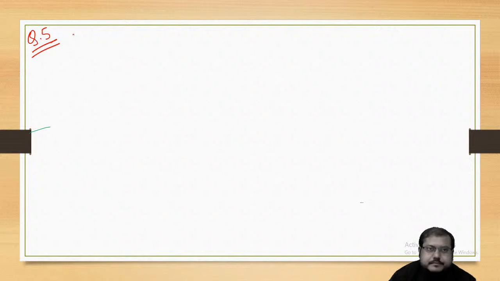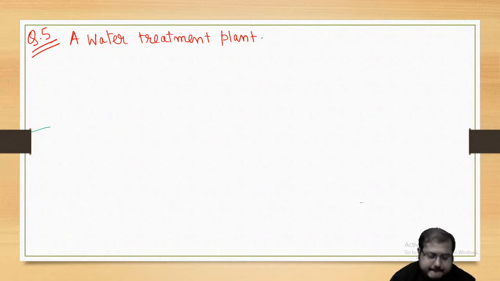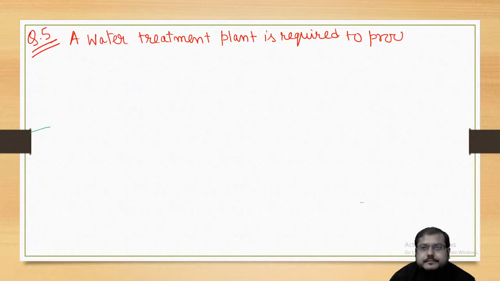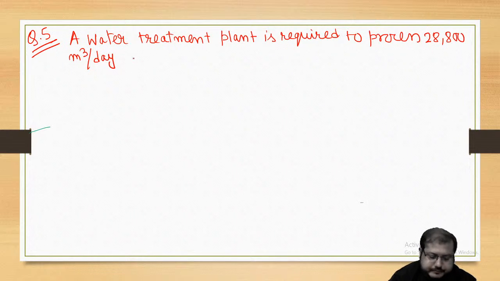A water treatment plant is required to process 28,800 meter cube per day of raw water.